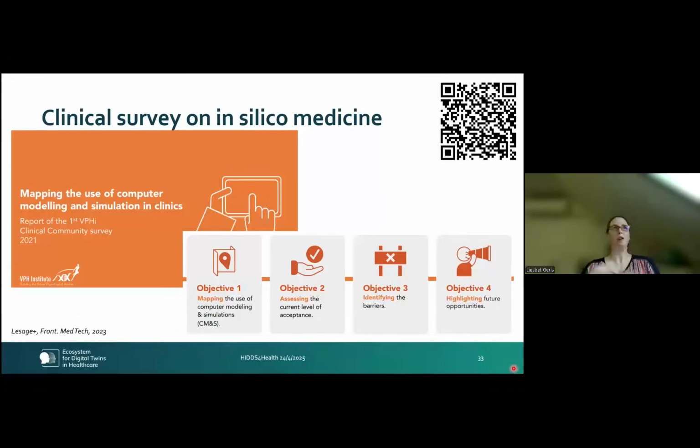So we've been talking to different stakeholders, trying to understand what it was that they wanted, what was the unmet medical need that could be addressed by virtual human twins, what was the policy need, what was the market need, et cetera. For instance, we had a clinical survey on in silico medicine, for which we did a first version a couple of years ago, where we tried to understand what people know about in silico medicine in general.